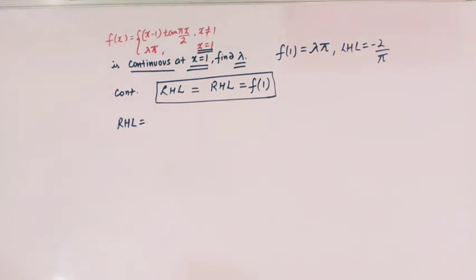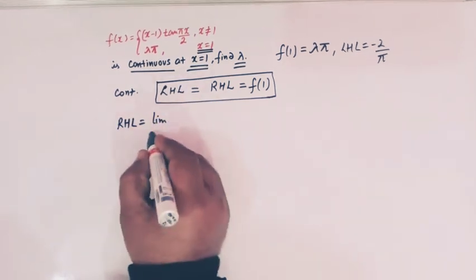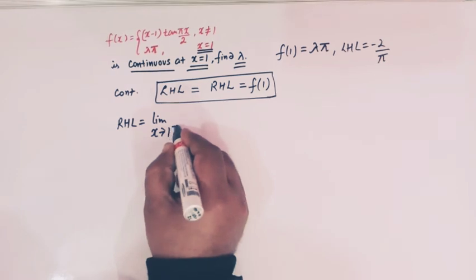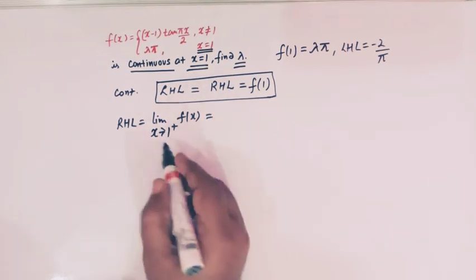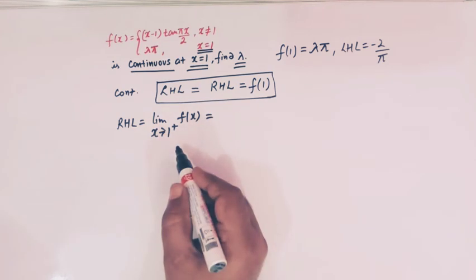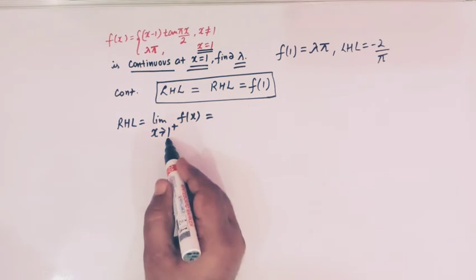Now viewers, let us find out the right hand limit. So the expression for right hand limit is limit x tends to 1 plus of f(x), right? The positive sign indicates that x approaches 1 from the right.